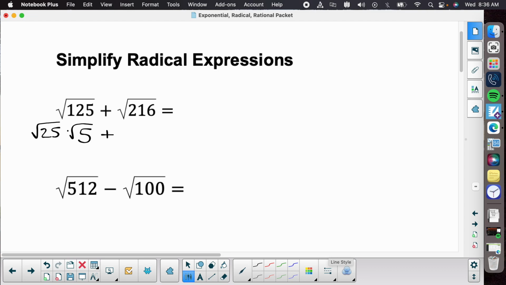So 16 doesn't go into 216. My next guess is to try 36. 216 divided by 36, I feel like it's gonna be 6. It's 6, perfect. So then we're gonna say square root of 36 times square root of 6.